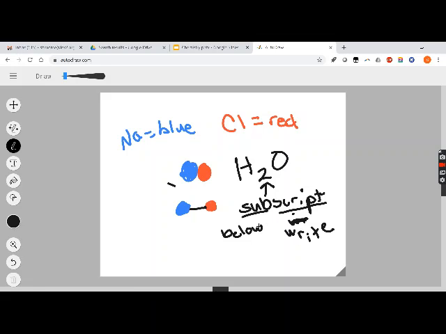So when we say subscript, we're talking about something below the writing. That's what this is.